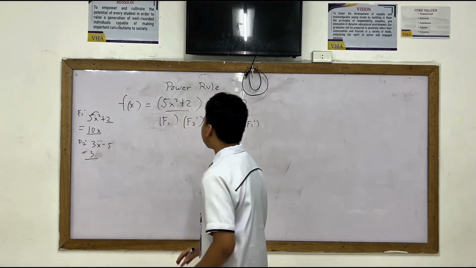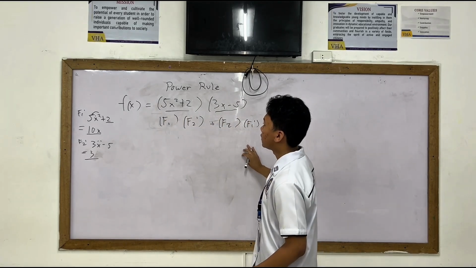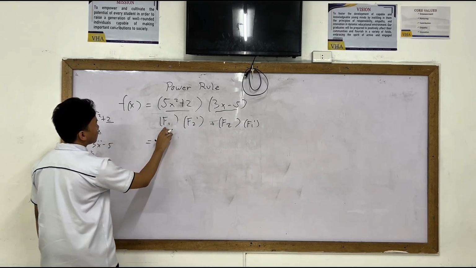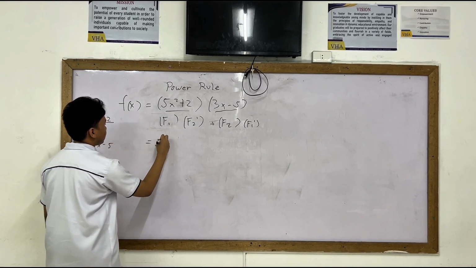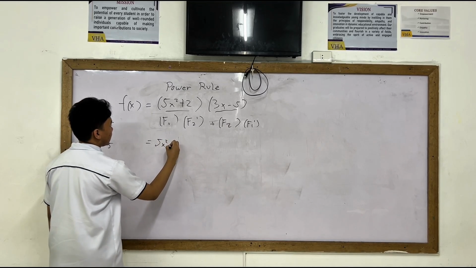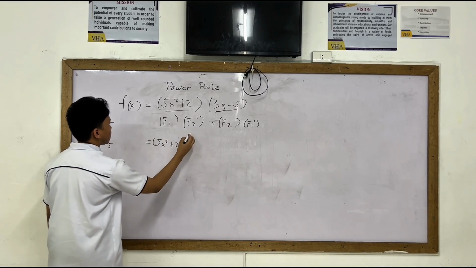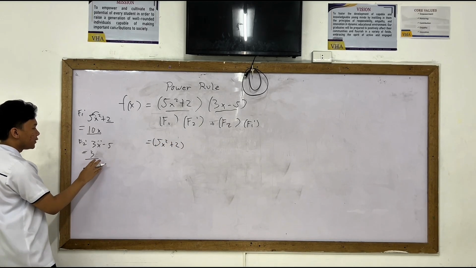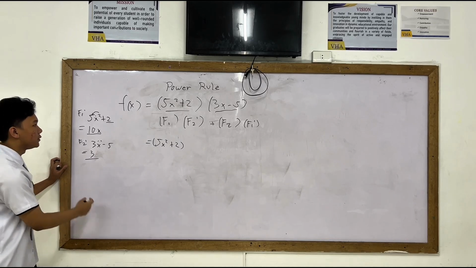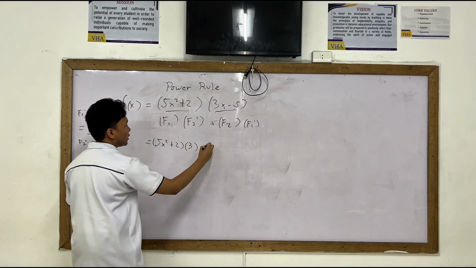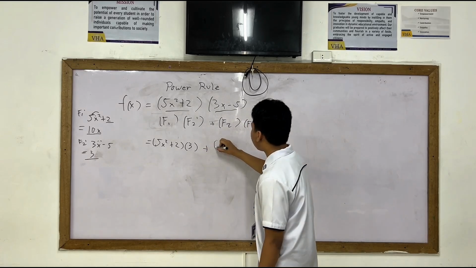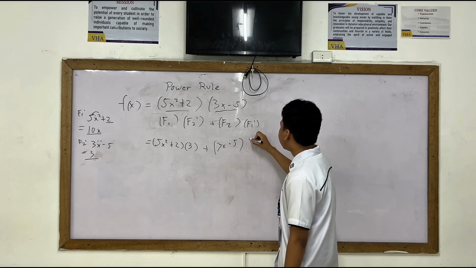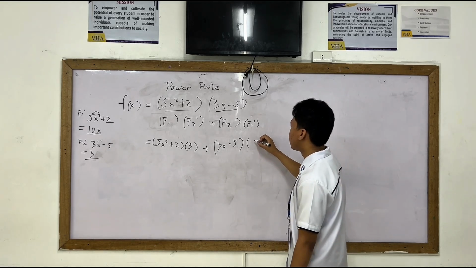Now let's transform this formula to our solution. We have the first factor, which is 5x squared plus 2, times the first derivative of the second factor, which is 3. So that's 3, plus the second factor, which is 3x minus 5, times the first derivative of factor 1, which is 10x.